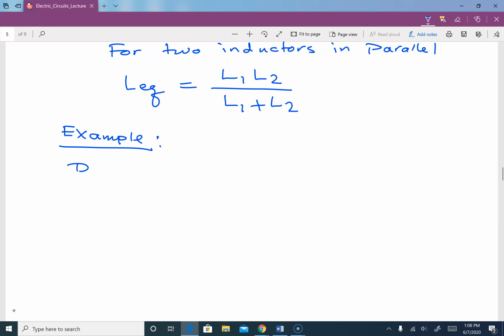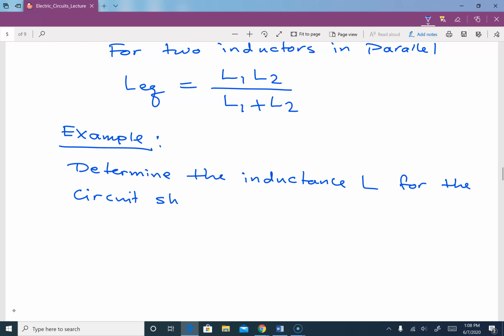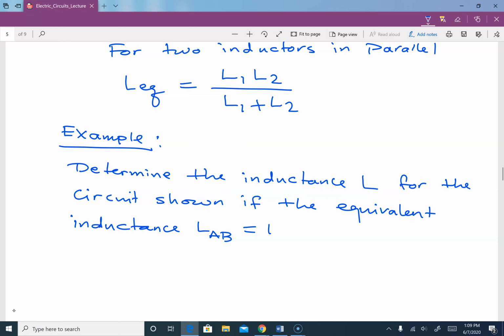We would like to determine the inductance L for the circuit shown if the equivalent inductance LAB is equal to 10 millihenry.